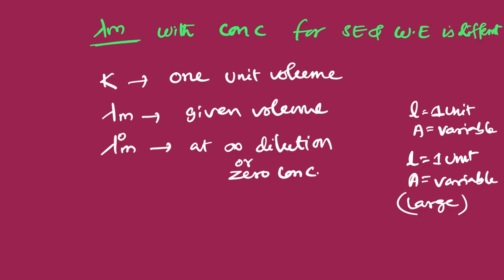So this lambda m or lambda naught m, both are variable with concentration. Now, for strong electrolyte and weak electrolyte it is different. Lambda naught m is called limiting molar conductivity.